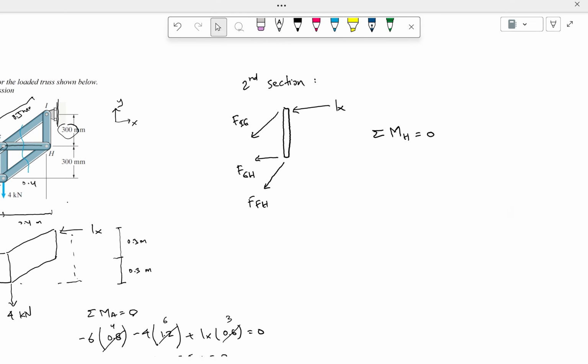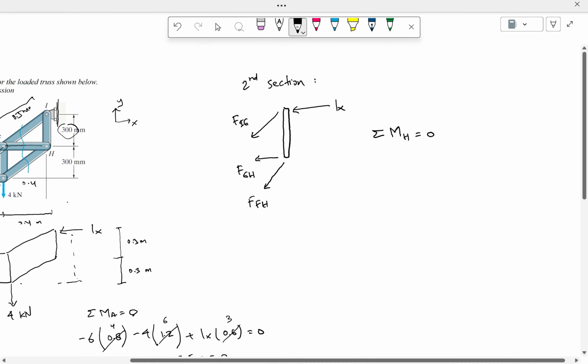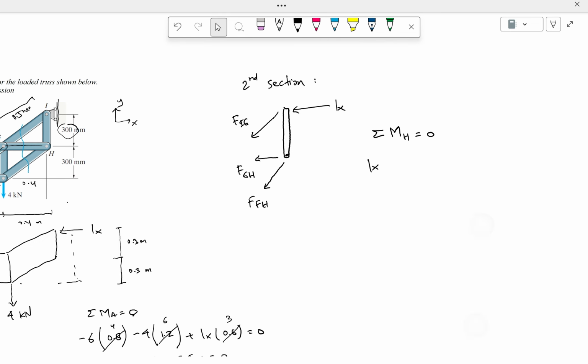So what you got is that basically Ix, imagine we apply a point here, it will create a positive moment times 0.3. And then what else?